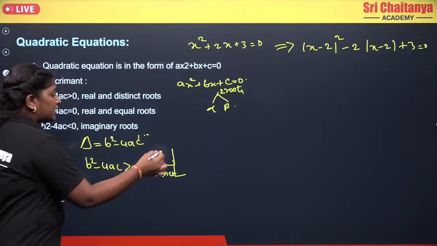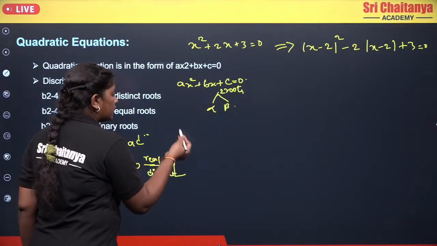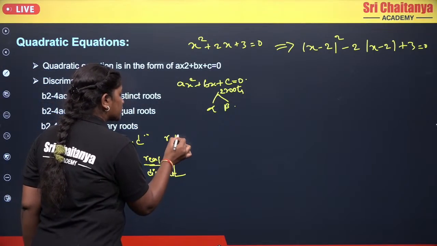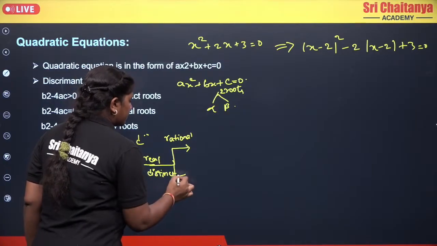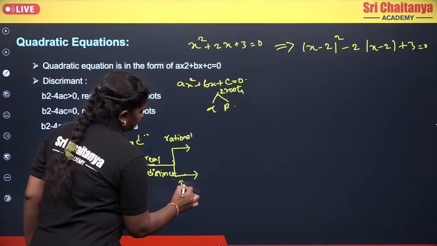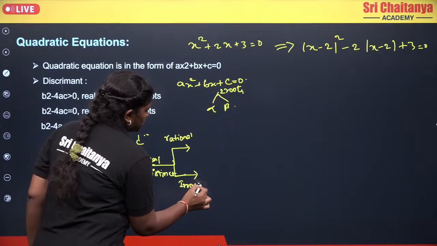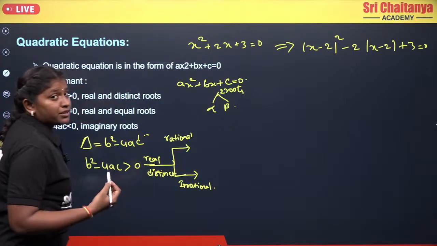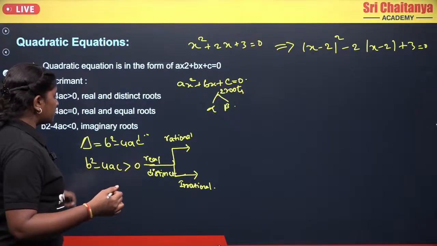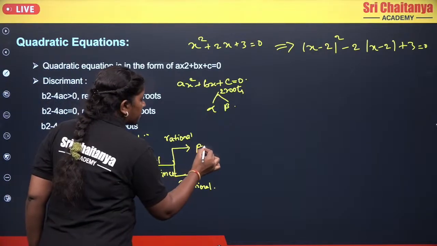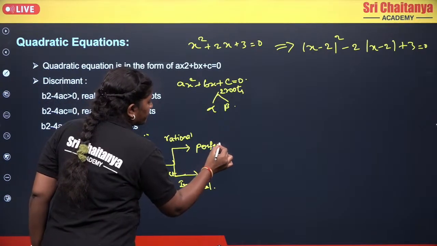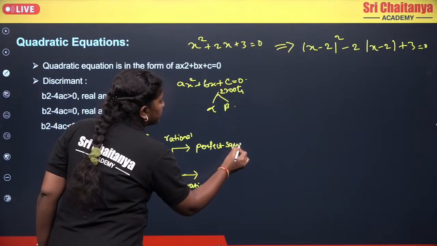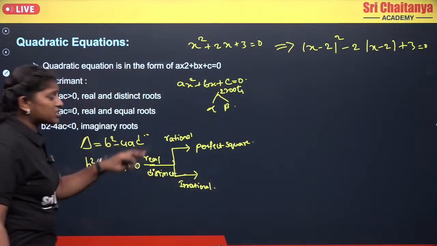But in those real roots also you will be having the rational and irrational. Okay, so when we will be having our rational means if it was a perfect square, so whatever the discriminant value you got, if it was a perfect square, then you will be having your rational roots.